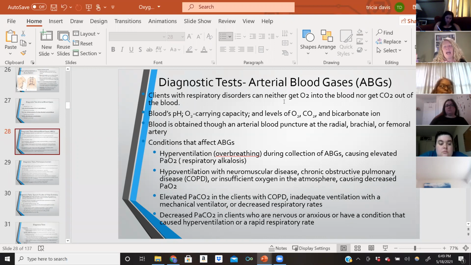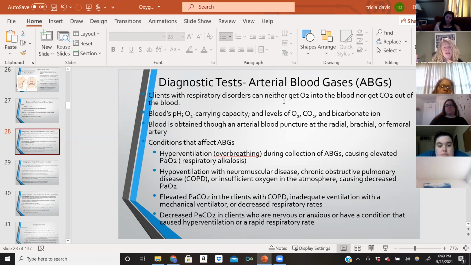By looking at those arterial blood gases, we're going to be able to determine the levels of those and try and figure out what the issue is. When we do an arterial blood puncture, we can do it at the radial artery, the brachial, or the femoral. Usually it is the radial that we do.